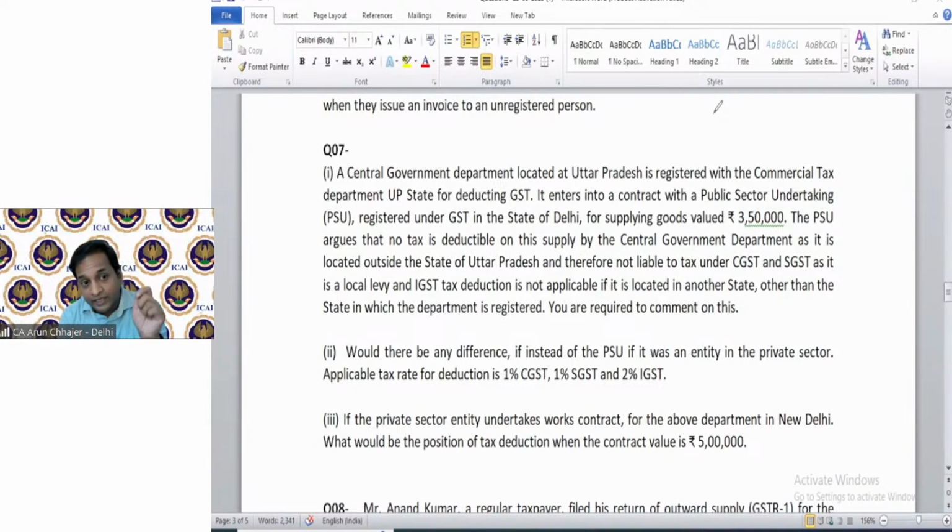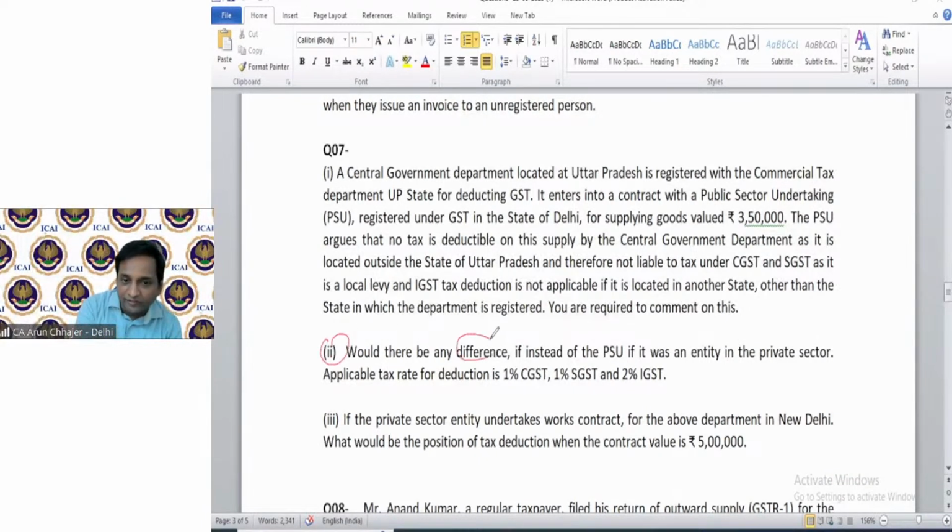Let me repeat again. In this case, because the central government is also liable for TDS and the PSU is also liable for TDS, if they are making the supply to each other, section 51 gives the relaxation, not applicable, wherein the government is making the supply to each other or PSU or government societies, etc. So in this case, the TDS is not applicable, but the reasoning is different, not the one given by the PSU.